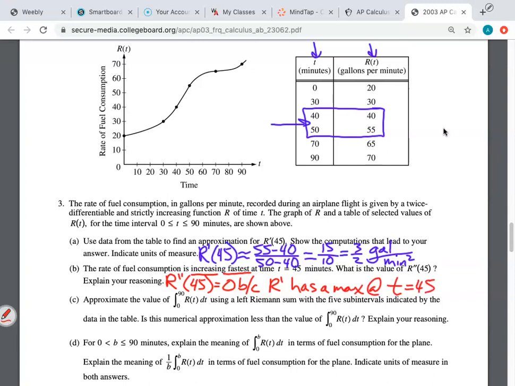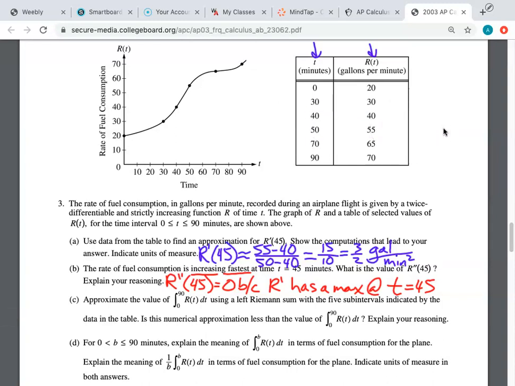All right, approximate the value of the integral from 0 to 90 of r of t using a left Riemann sum with the 5 subintervals indicated by the data in the table. Is this approximation less than the value of the actual area? Explain your reasoning. So let's take a look. I'm going to go ahead and do this up here.